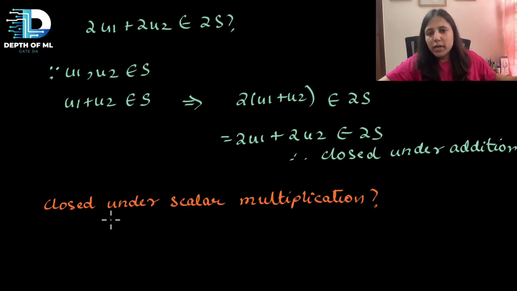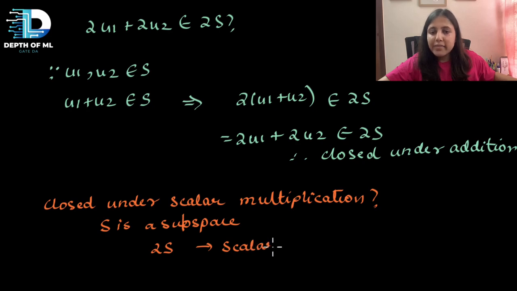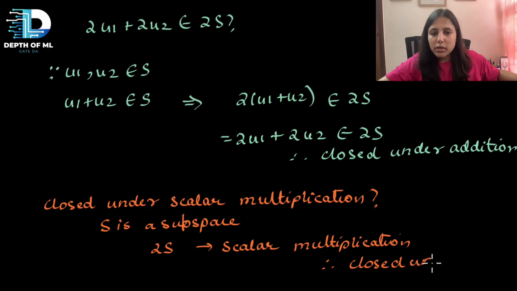So we already know that this S is a subspace, right? So 2S is nothing but a scalar multiplication. You are multiplying every vector with 2, right? Hence this is by default closed under scalar multiplication, because you have just multiplied every vector by 2, right?